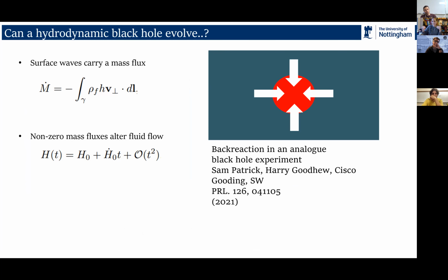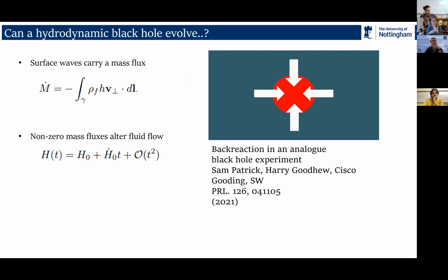The reason why it doesn't matter in the bath is because the mass fluxes will not magically pile up in one corner. They will equilibrate again to a flat surface. But if you stack a horizon into a fluid flow, you're creating a one-way membrane. And so these mass fluxes can actually drain the system. They can reduce the mass of the system. They could increase the mass of the system if you play with these mass fluxes in the system.